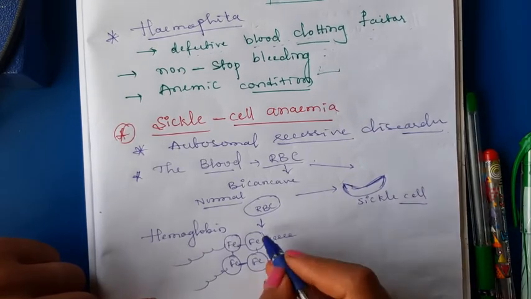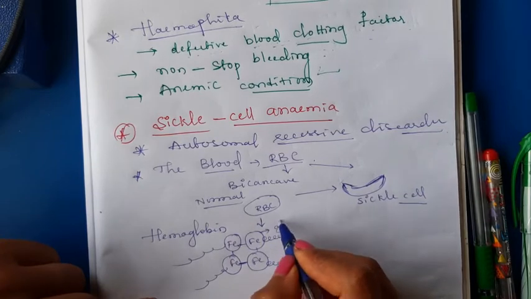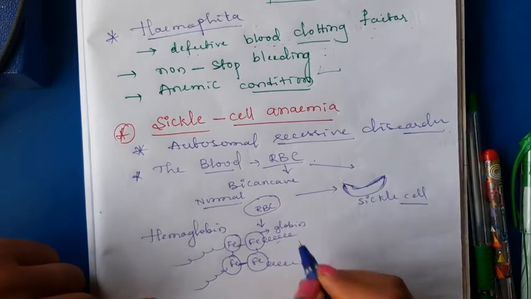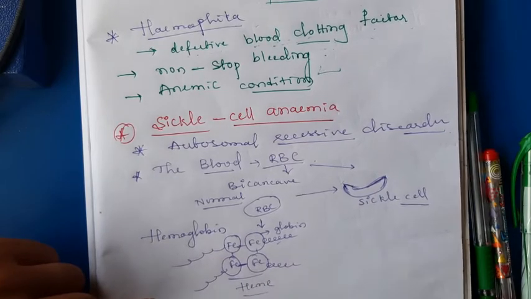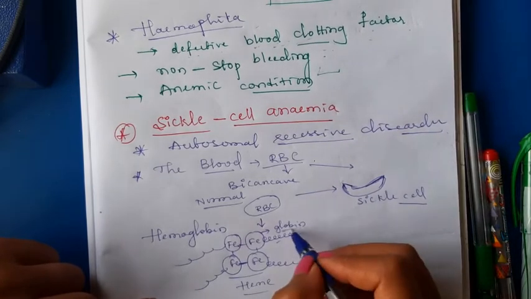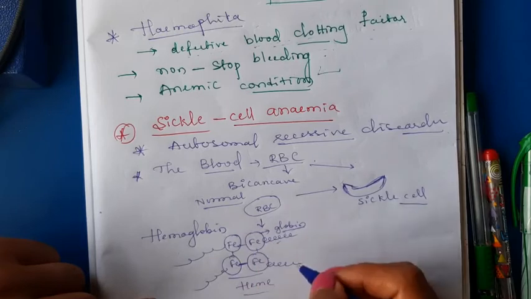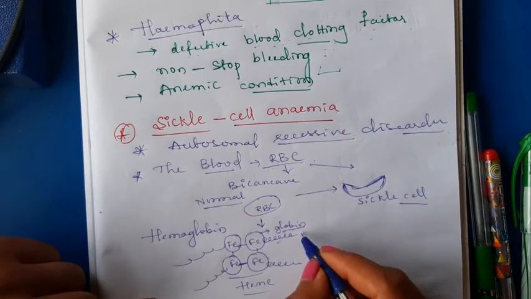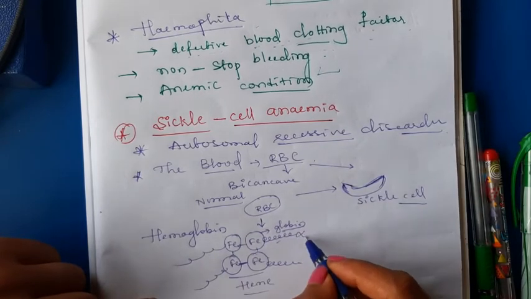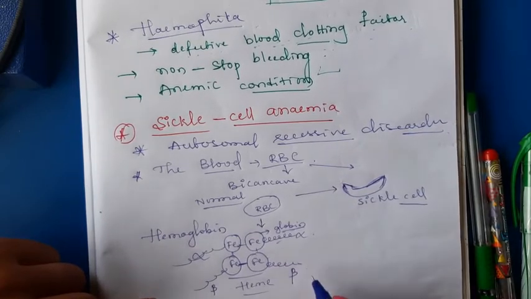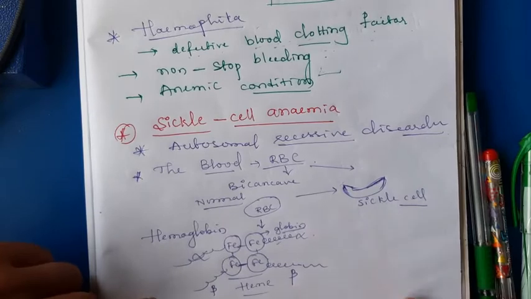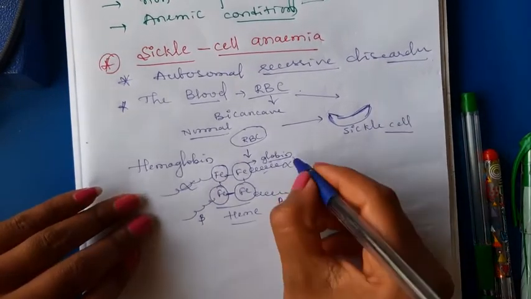This is the globin structure. In the globin protein, there are 4 globin proteins. Upper 2 are known as the alpha globin, lower 2 are known as the beta globin.